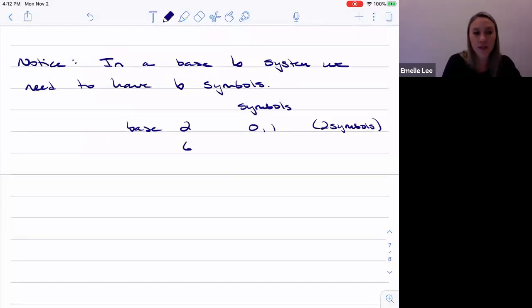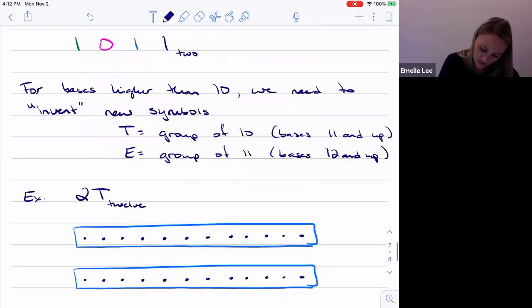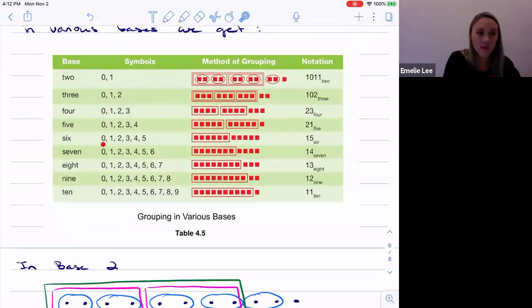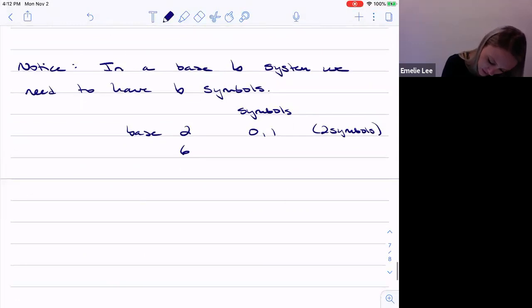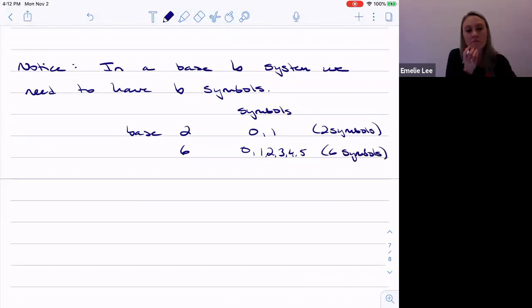Base 6, if you refer to that table that I gave you, we're working with symbols 0, 1, 2, 3, 4, 5, so 6 symbols. And then, of course, base 10, we're working with 0 through 9, so we've got 10 symbols.